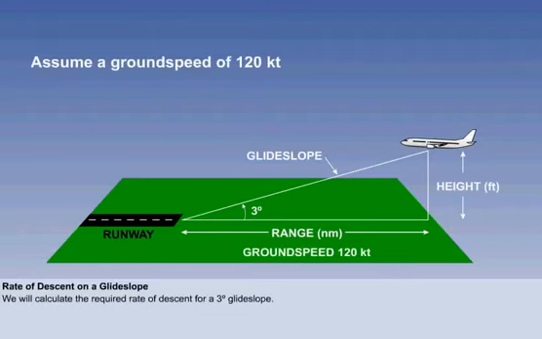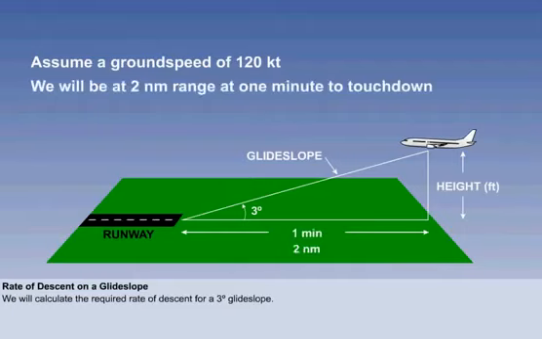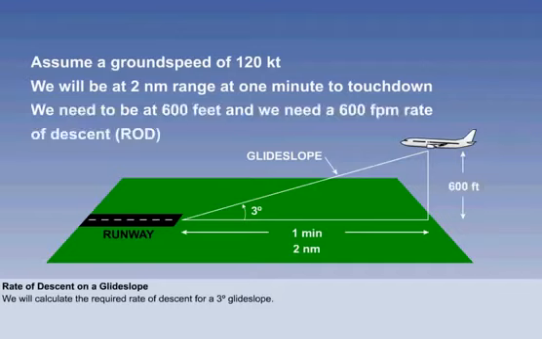What range will we be at 1 minute to touchdown? 2 miles. So with a 3-degree glide slope, what height do we need to be? 600 feet. Therefore, with 1 minute to go to touchdown, we need a rate of descent of 600 feet per minute.